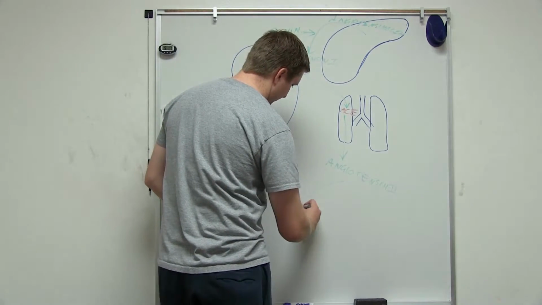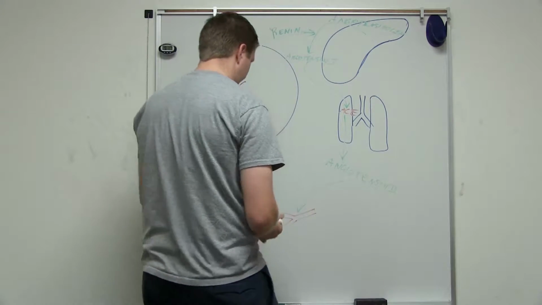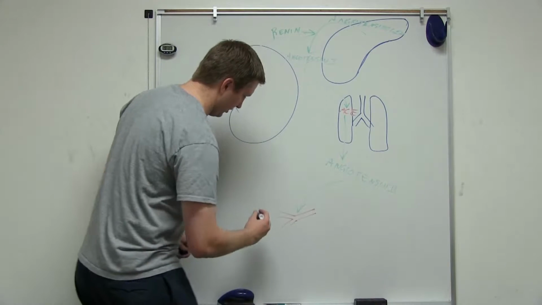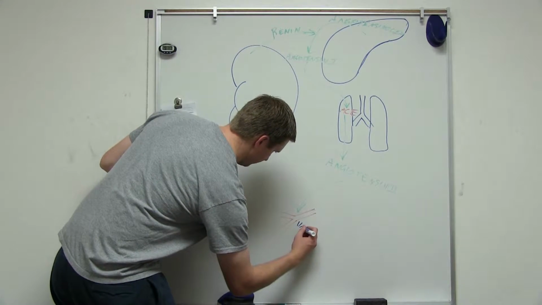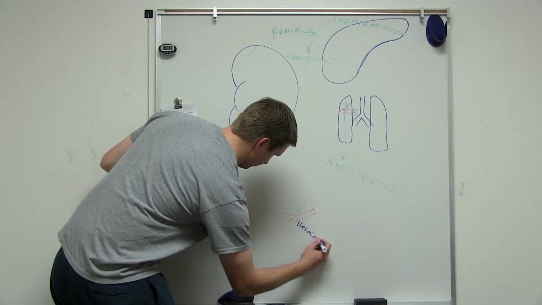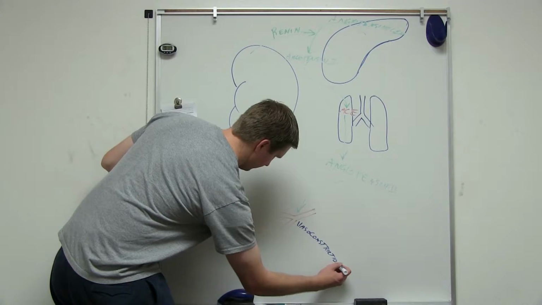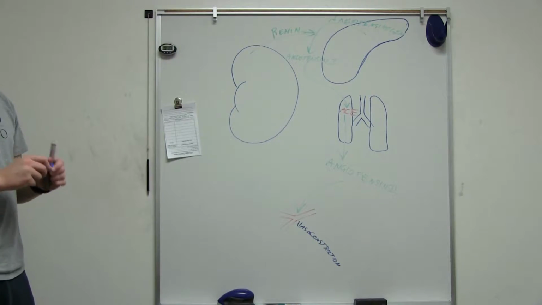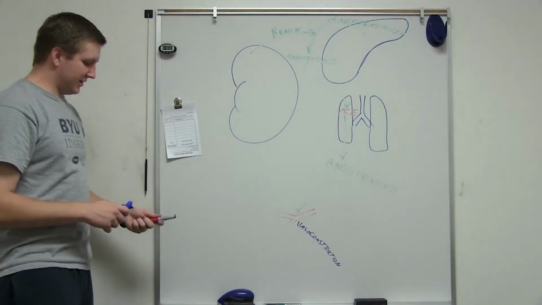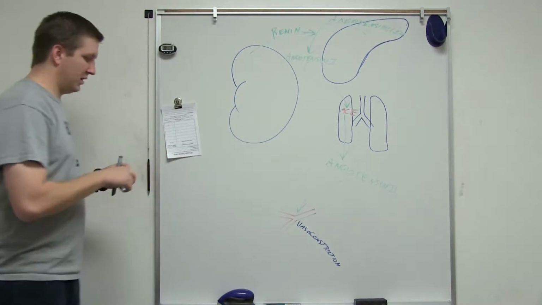Angiotensin 2 acts on the blood vessels, we get the vasoconstriction. Anyway, we get vasoconstriction, right? What else does it do? It goes to the medulla and causes the release of aldosterone.